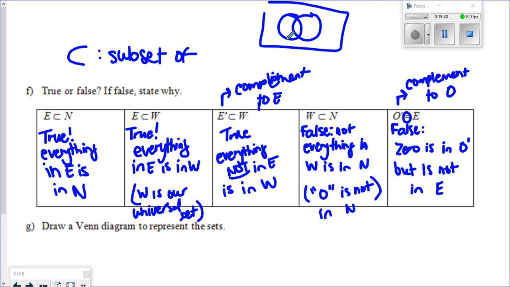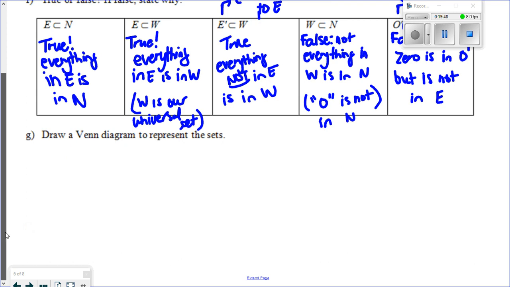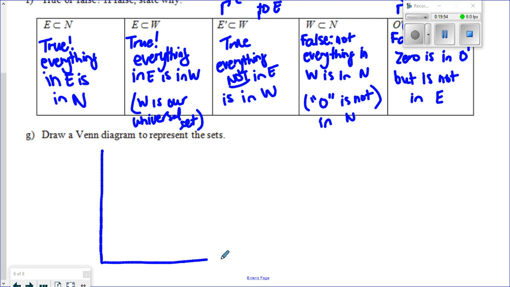Venn diagrams are usually represented by circles. Not always the case though, it doesn't need to be circles. You guys have seen Venn diagrams before, but now we're using a Venn diagram to represent these sets. Usually when we do a Venn diagram, you'll do it within a rectangle.